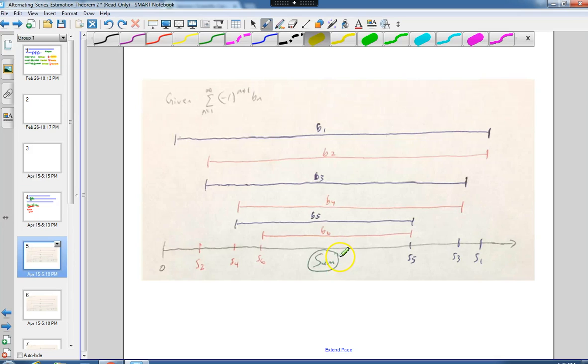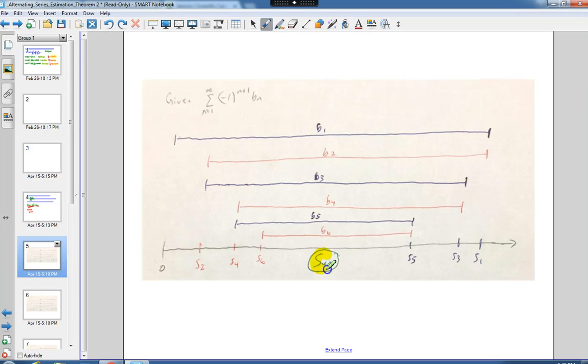So let's consider, again, a particular alternating series whose sum is located here on our number line. We start off with the first term being positive, so the first term's value is this length here, and the first partial sum is located here on the number line.